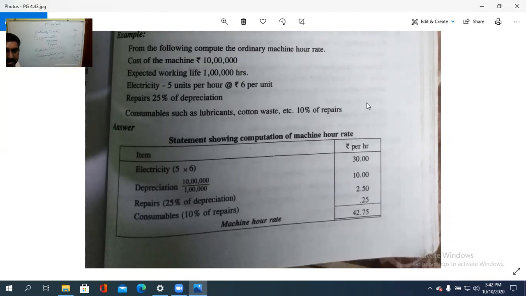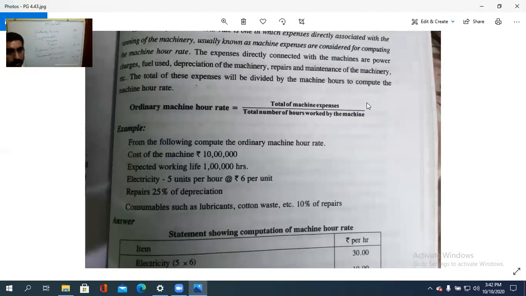So here what they are asking, from the following, ordinary machine hour rate needs to be calculated.